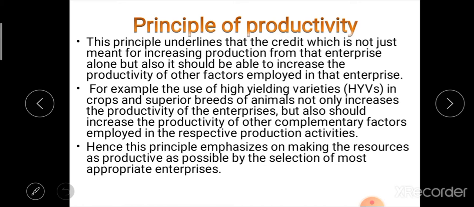That means the productivity of the other factors of production used in the production process can be increased with the use of this credit. For example, use of high yielding varieties with fertilizers, chemicals can increase the productivity of other factors of production. This principle emphasizes making the resource as productive as possible by the selection of the most appropriate enterprise. This is the next principle, that is principle of productivity.